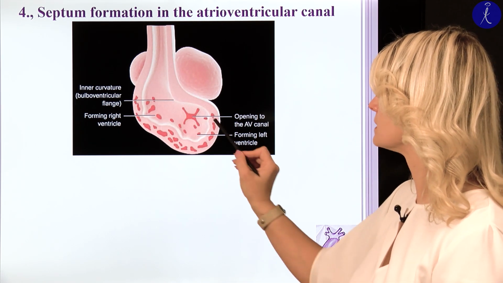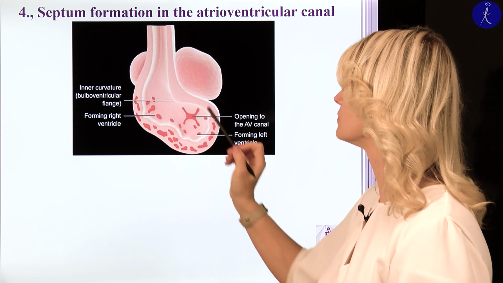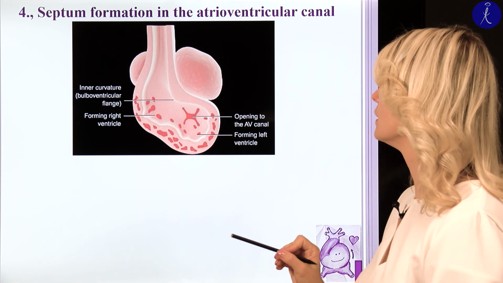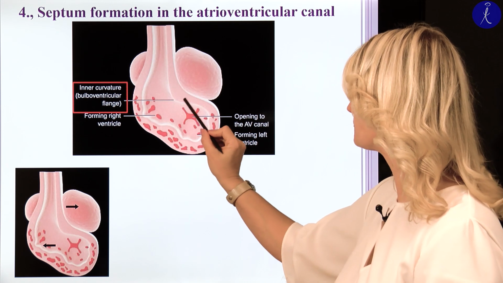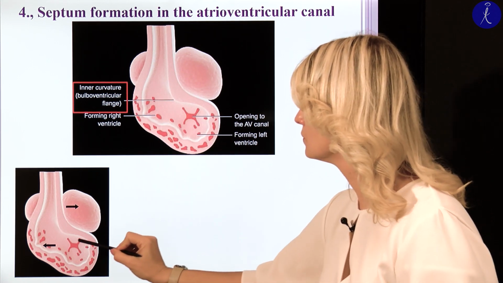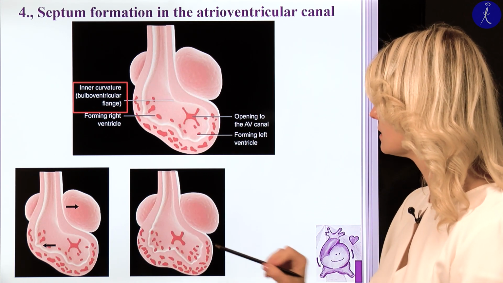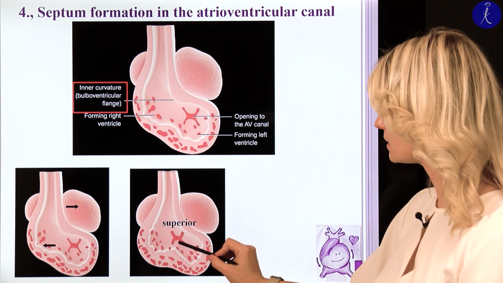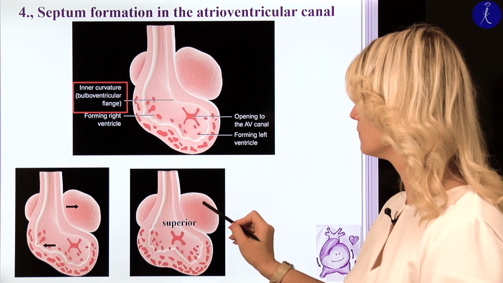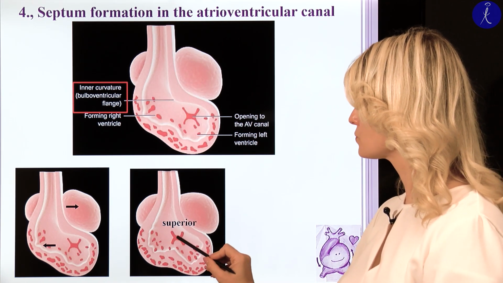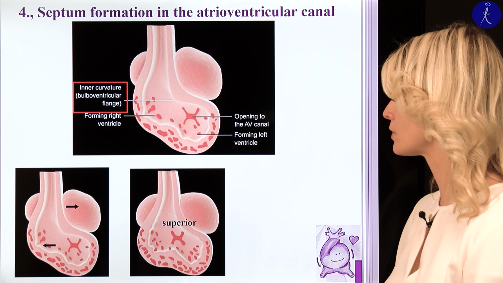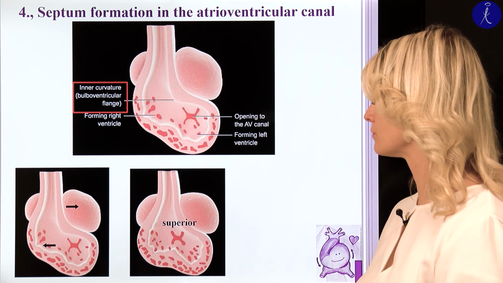But during the development and the formation of this inner curvature, which is called the bulboventricular flange, you can see that this opening will move from the left side to the right side, and finally it will be in the middle, so it will form communication with the common atrium, with the ventricle, and also with the lower part of the bulbus cordis, from where the trabeculated part of the right ventricle will develop.